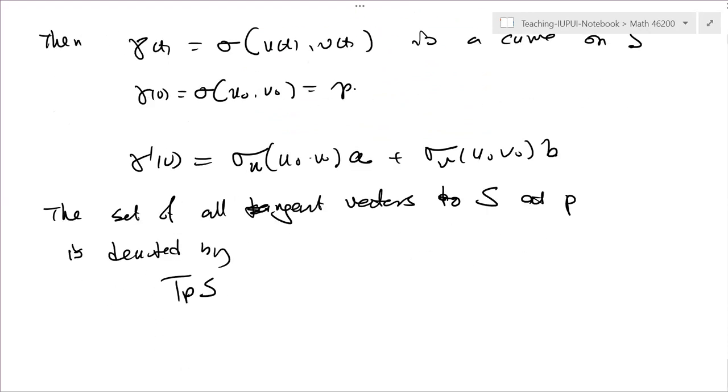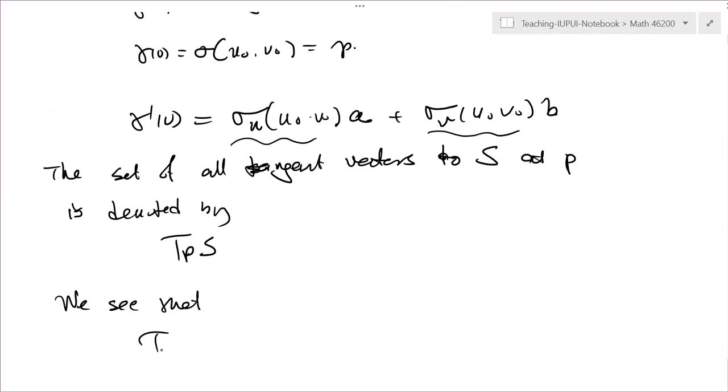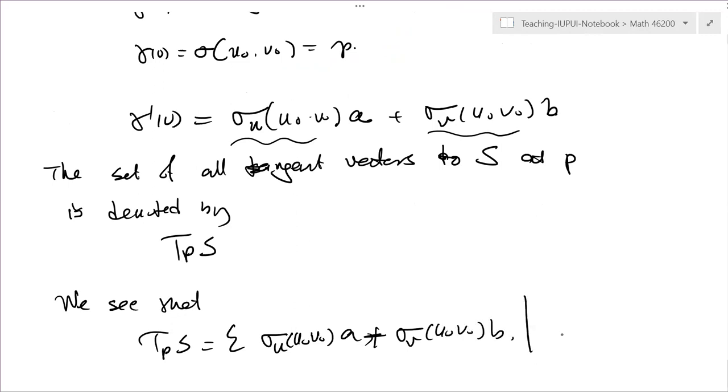And this is actually spanned by those two vectors, because a, b are arbitrary. So we see that this set is going to be a linear combination, and a, b are arbitrary real numbers, okay?